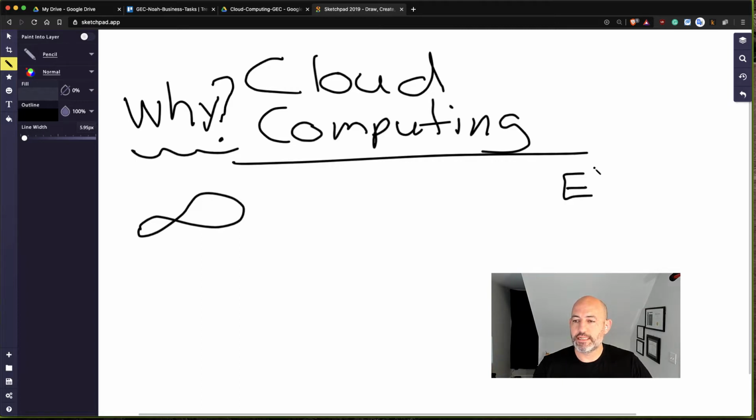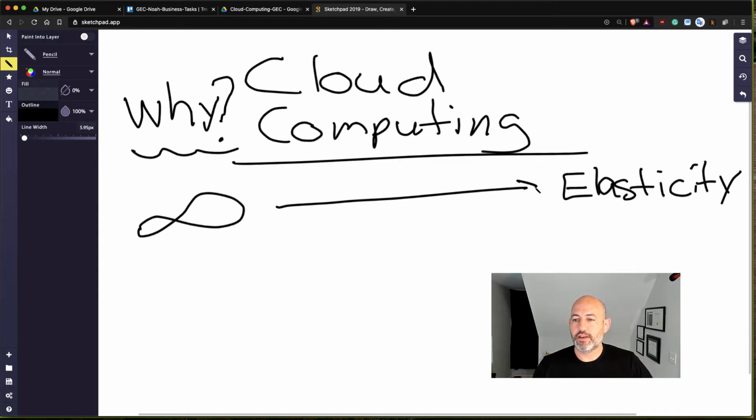One of them is elasticity. That's a core capability that ties in with this infinity concept: I can scale up and grab more resources, or I can also scale down and have fewer resources.